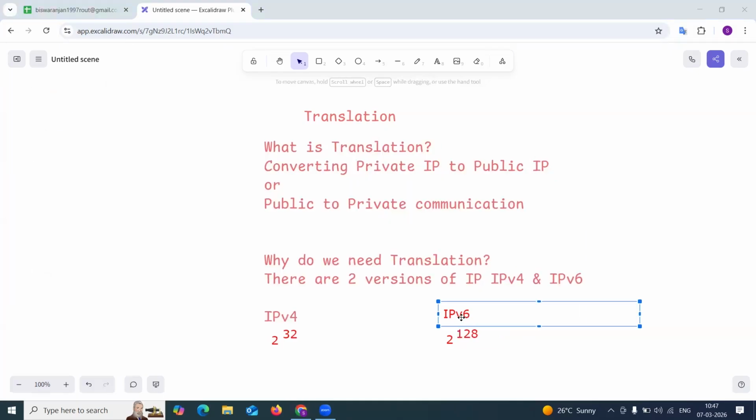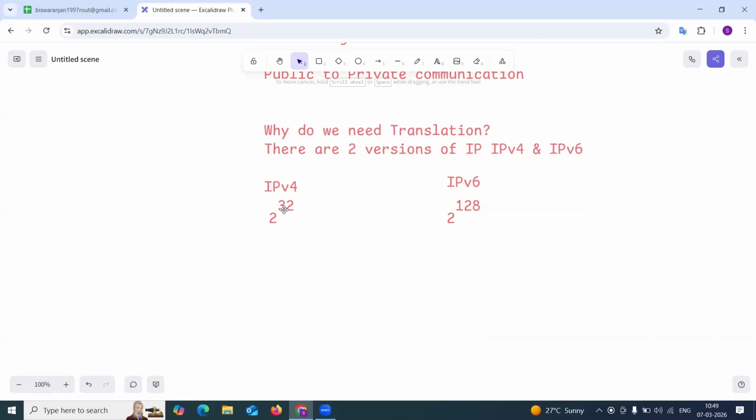In IPv6, we don't have any translation concept. IPv4, IPv6, major difference. In IPv4 only, we have a translation concept. In IPv6, there is no concept of translation.